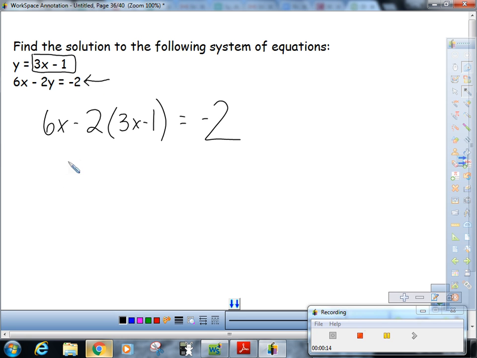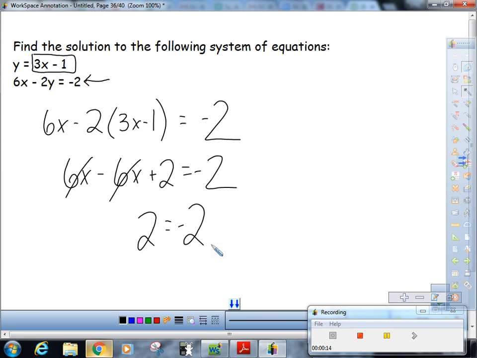So here we go. You end up going 6x minus 6. We're going to keep going because we're not done yet. Let's see, plus 2 equals negative 2, okay? And so you get 2 equals negative 2, okay?